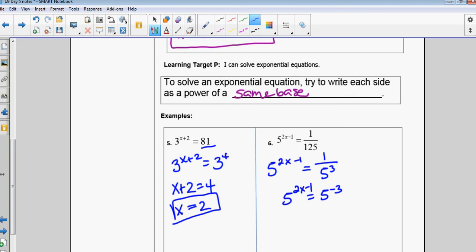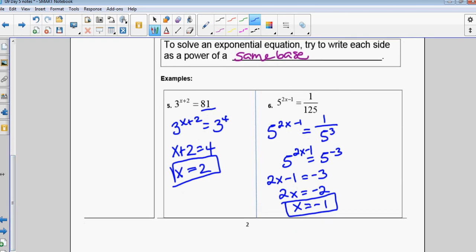So now I can set 2x minus 1 equal to negative 3, 2x equals negative 2, and x equals negative 1. Alright, that's the end of page 2, and we'll move on to our next video for page 3.